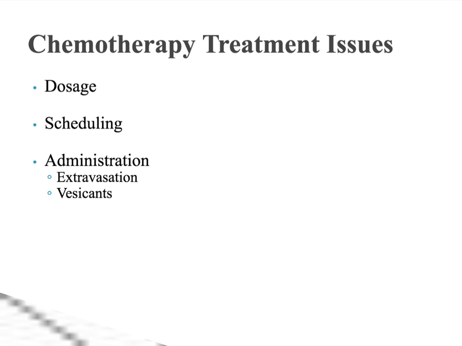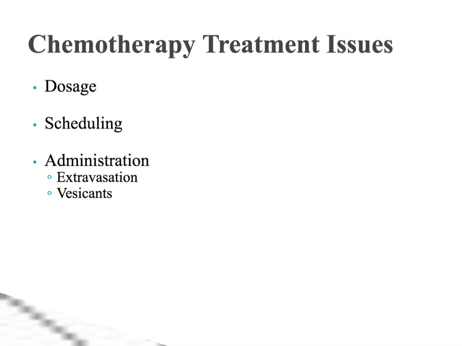So chemotherapy is a systemic therapy. What that means, if we compare it to radiation therapy, which is topical, is that radiation is focused on one certain area. It's localized. Chemotherapy is systemic, which means it can have an effect on all normal tissues as well as the cancerous cells.